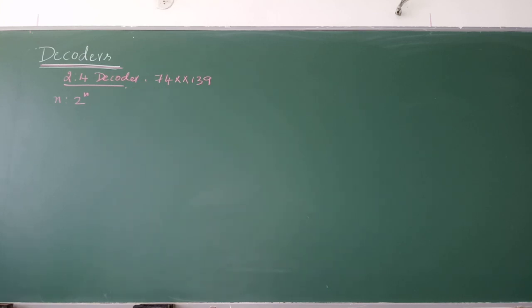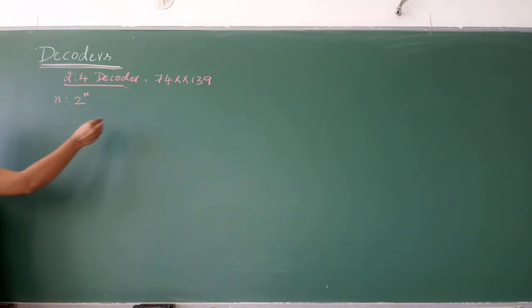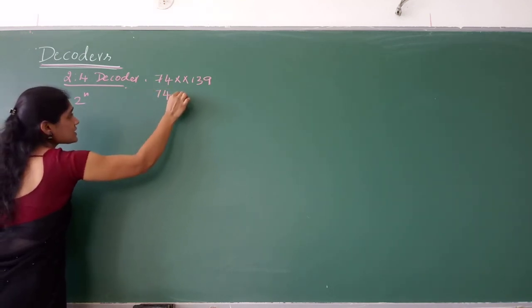LS is the low power Schottky series. So here I will be writing 74XX139 because XX can be anything. If you have the IC 74139, that is a decoder IC.